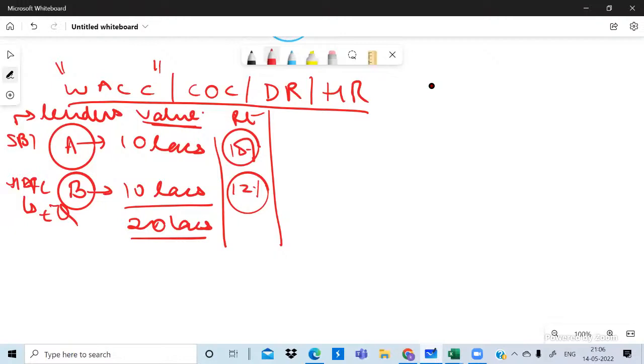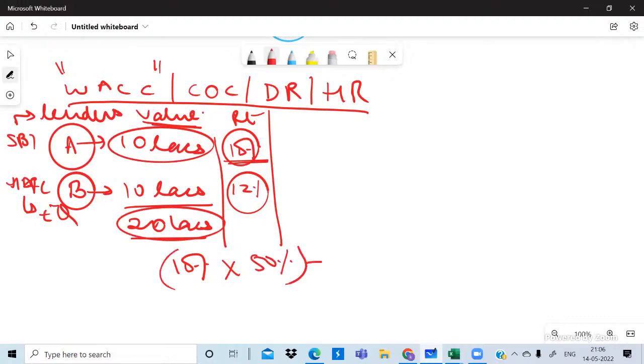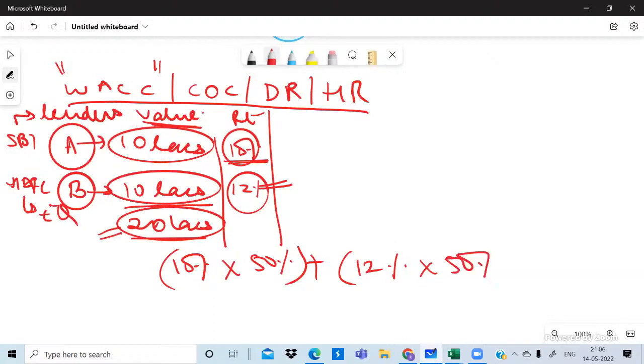So what will be your weighted average cost of capital? Your weighted average cost of capital over here will be nothing but cost of A, which is 10%, into the weight of A. How much is the weight of A? 10 lakhs upon 20 lakhs, which is 50%. Then cost of B, which is 12%, into weight of B, which is again 10 lakhs divided by 20 lakhs, which is 50%.